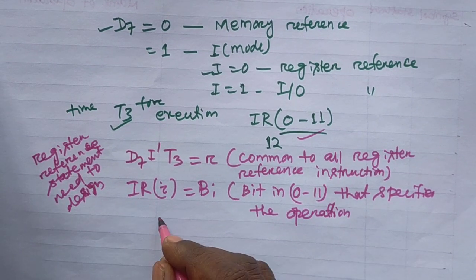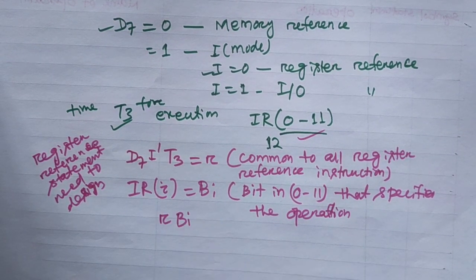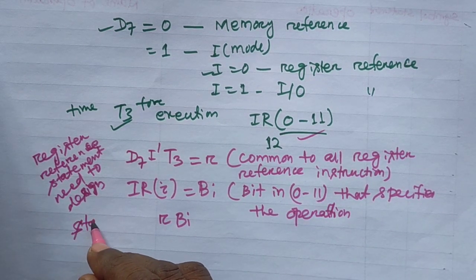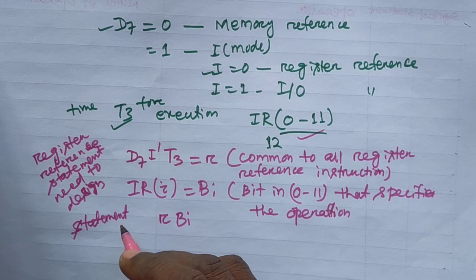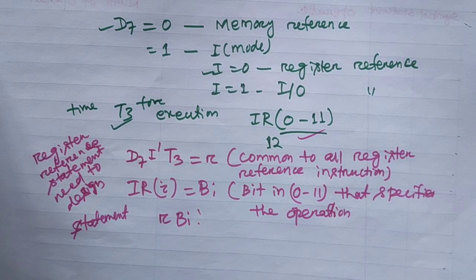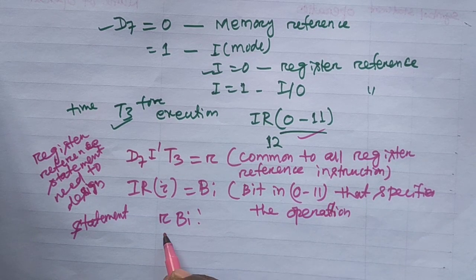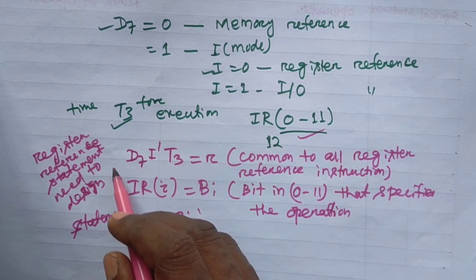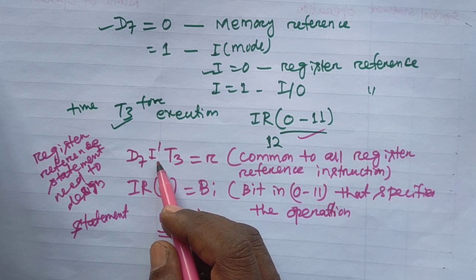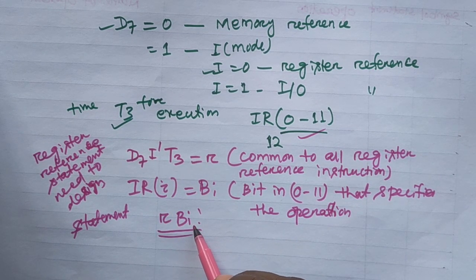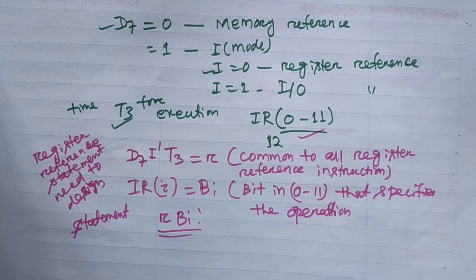Combined, they make R B_I. Whenever I define a register reference statement, we have to write this kind of statement RB_I, where R is defined through D7 I complement T3, and B_I is for the particular operations. What kind of operation do we define?